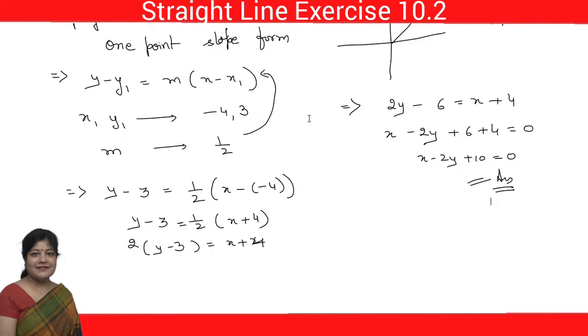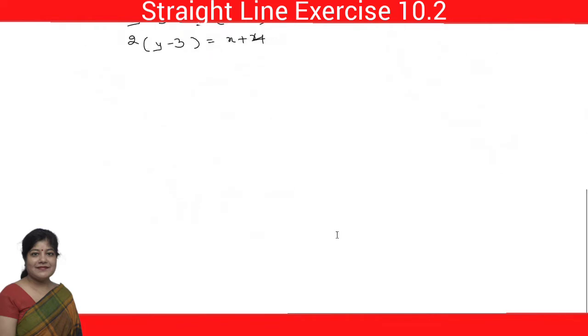We have the next question. Write the equation of line which passes through 0, 0 and having slope m. This is of the same pattern which I have explained to you. Question number 3.